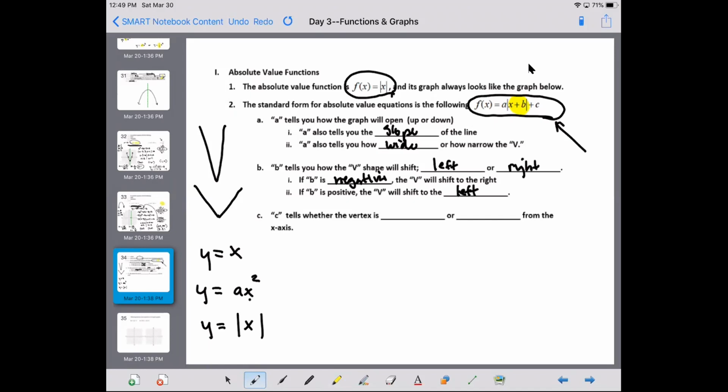And then C just tells us the vertex. It's where the two sides of the V will come together, and it will be a vertex. We have a vertex with a quadratic. We have a vertex with an absolute value. And the C value tells whether the vertex is up or down from the x-axis, from (0, 0).